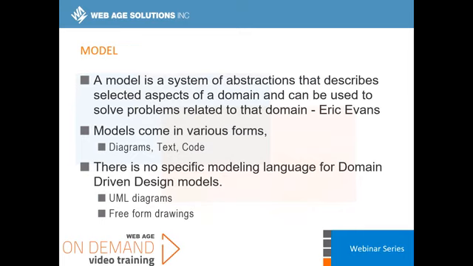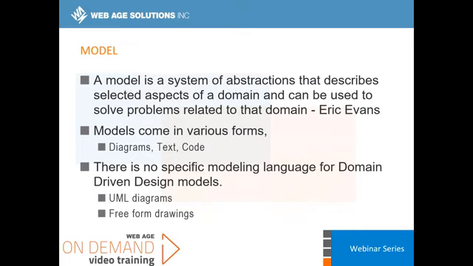A couple of us are working on a way to create what UML calls a profile for domain-driven design. That is, each of the characteristics of both strategic and tactical design will be a specialized UML element, and then we'll create some diagrams from that. Free-form diagrams are also possible, and many people like to work with simple circles and lines.